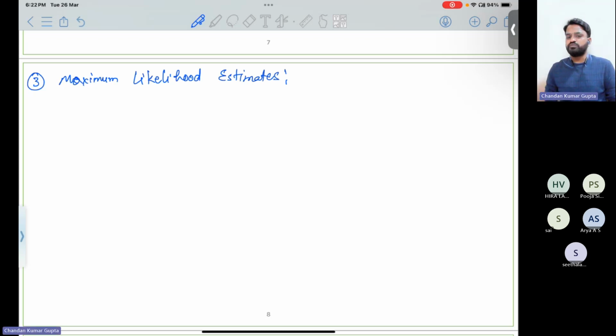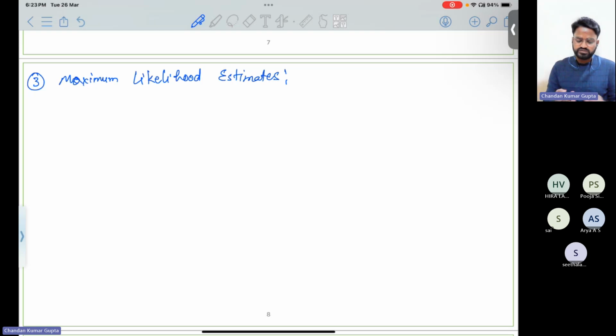In maximum likelihood estimates, we first construct a likelihood function, then maximize that likelihood function. That maximized value, or optimal value, is our estimated value for the parameter.